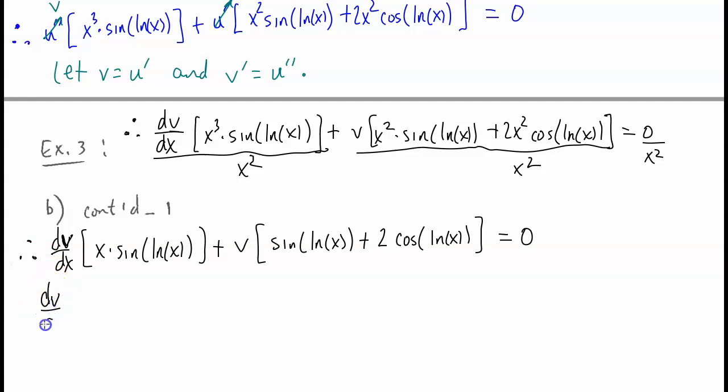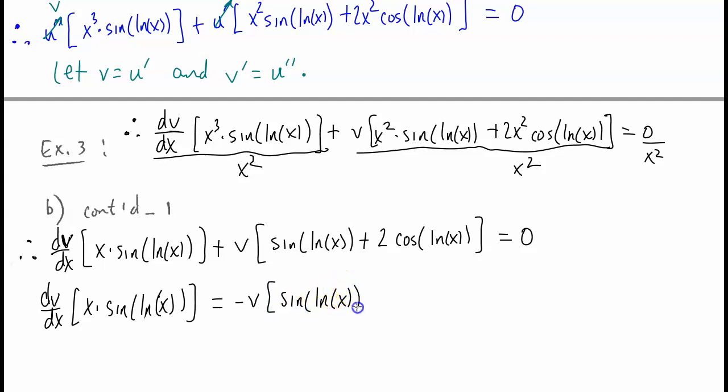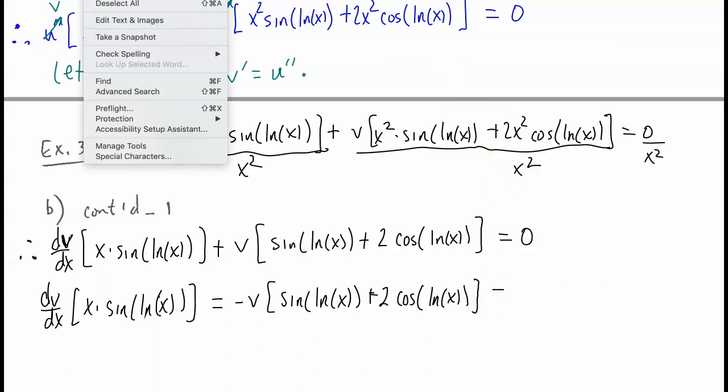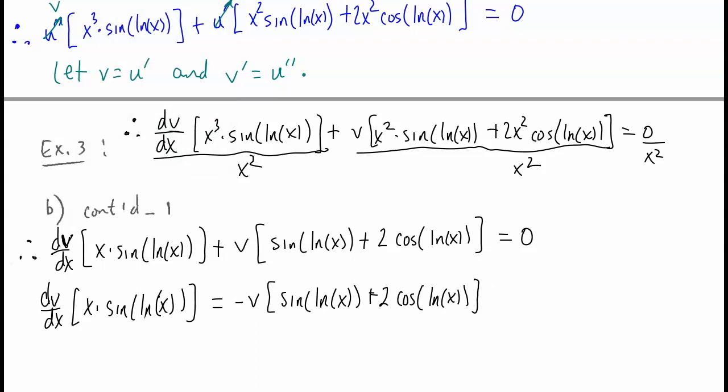All right, so we're going to work on that now. So we'll have dv over dx. And we'll do this first term here. And we'll subtract all this from both sides. Okay.